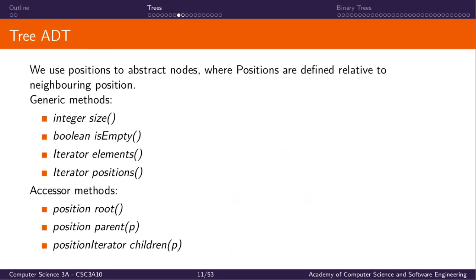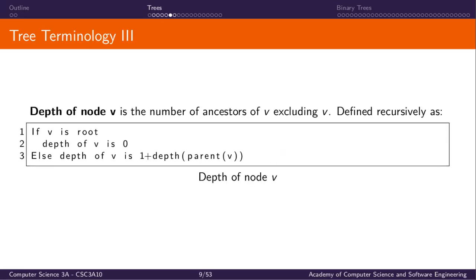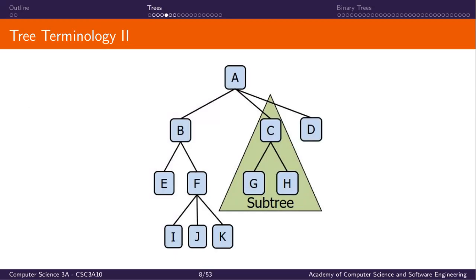So all right, I'm asked to repeat that again. Let's go back to our example before we talk about the tree ADT. We'll talk about height this time. By definition, if the particular node that we're looking at is an external one, so it has no children, then its height is 0. If the node does have children, then its height is 1 plus the maximum height of any of its children.